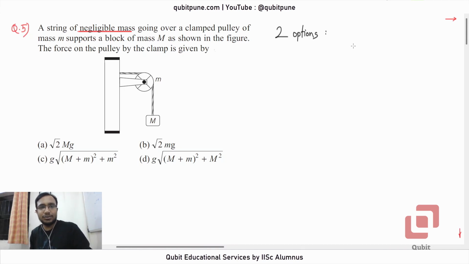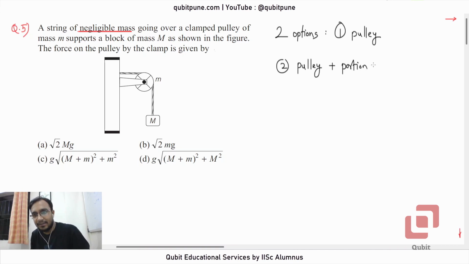First option is just to choose the pulley itself. And the second option is to choose the pulley and the portion of the massless string in contact with the pulley.